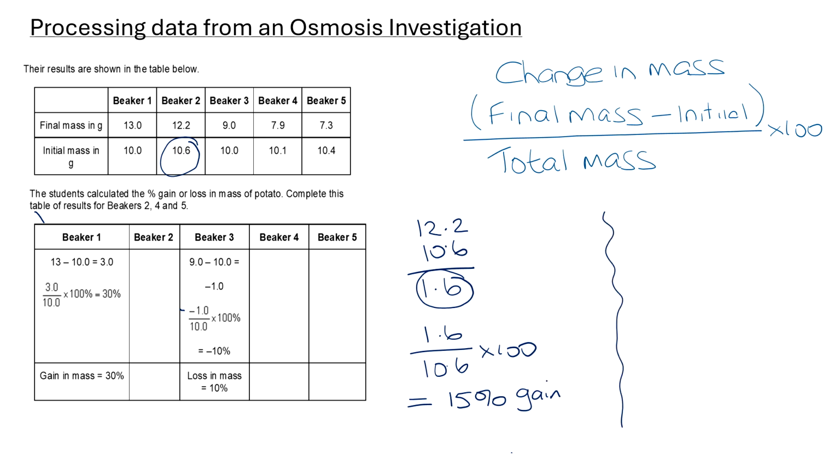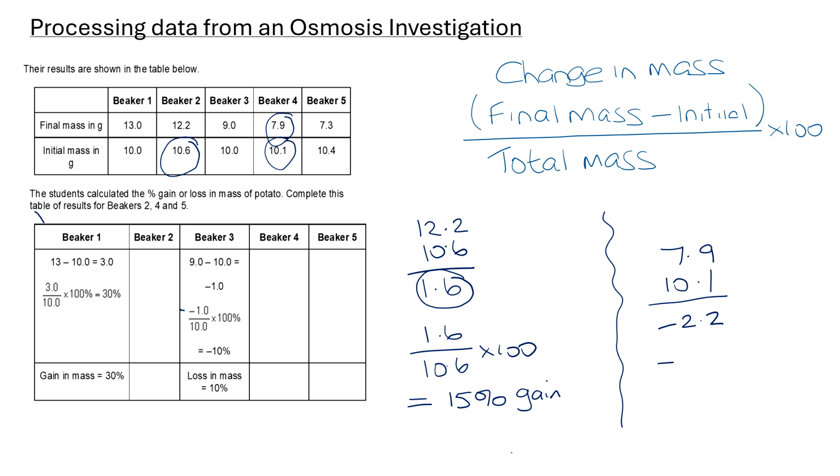In beaker 4, on the other hand, again, we'd use the data at the top of the table, the final mass and the initial mass. So it would be 7.9 minus 10.1. That gives us a value of minus 2.2. So that's the change in mass. We put that then into our percentage mass formula.